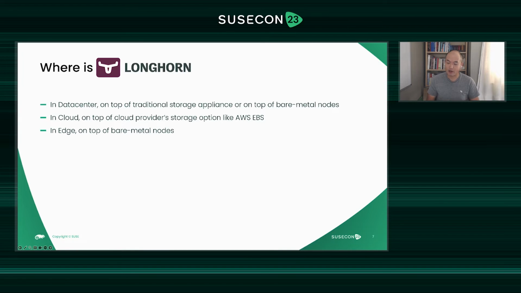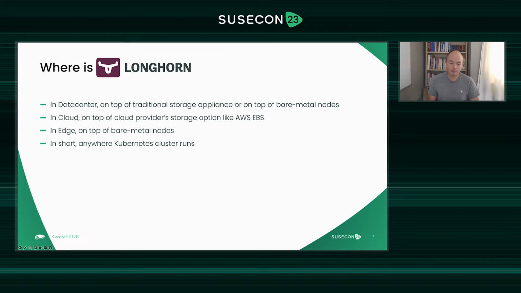Longhorn can scale from one node to three nodes to however many nodes you have, because Longhorn's mechanism is pretty simple on that side, and it's very scalable. In short, whenever you have a Kubernetes cluster running, you can run Longhorn on top of that and provide great persistent storage support.